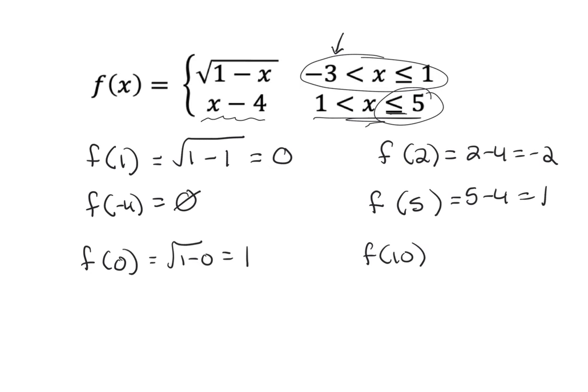Last one, f of 10. 10 is not in the domain, so this one is not defined on this function. So evaluating piecewise functions is pretty easy. You just have to know which piece you're dealing with depending on where your x value falls in the domain.